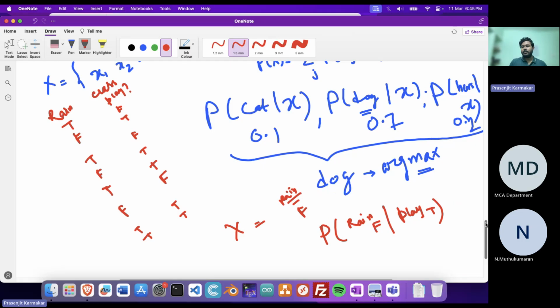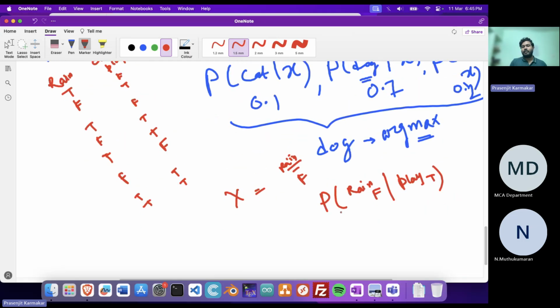From this dataset, I can compute this. My class is true for this one, this one, this one, this one, and this one. Now how many times is rain false? One time, two times. And how many do we have in total? One, two, three, four, five. So my probability would be 2 by 5.